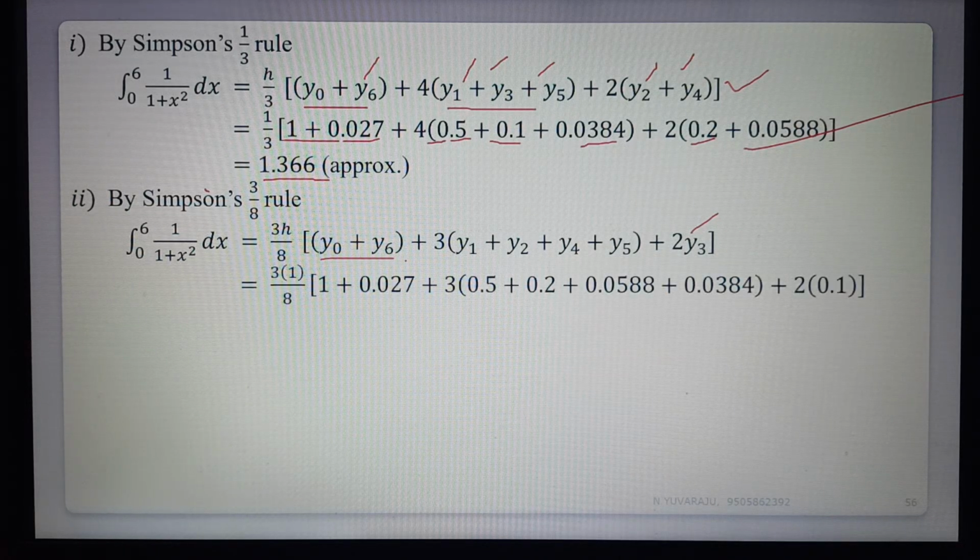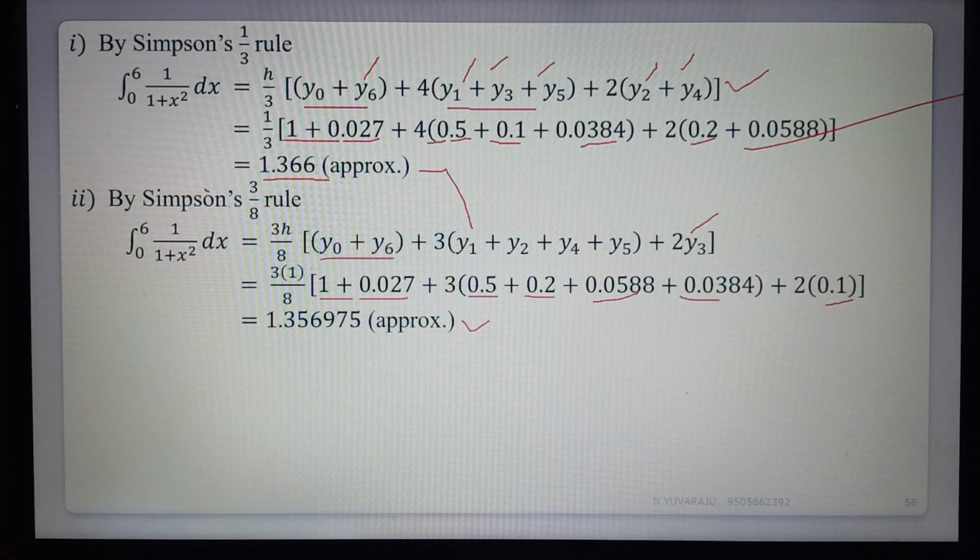Substituting all values, 3 into 1 by 8, y0 plus y6 plus 3 into y1, y2, y4, y5, plus 2 into y3. Simplification gives 1.356975. This is the approximate value. So both approximations are nearly the same; using any formula we get approximately the same value.